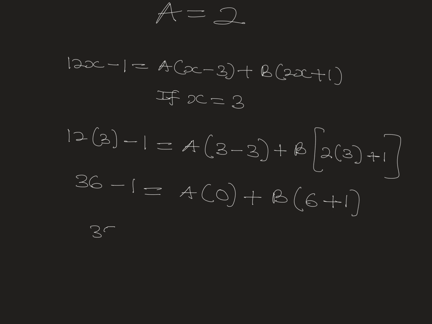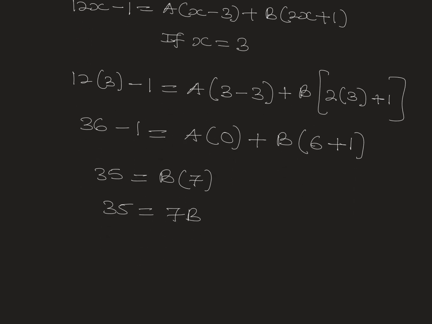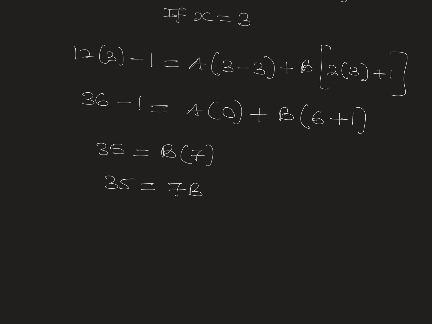So that will be 35 is equal to, so this is 0, there is no need for us to write it. So that will be b multiplied by 6 plus 1 is 7. So 35 is equal to 7b. To find b, we divide both sides by 7. Okay, so b is equal to 5.